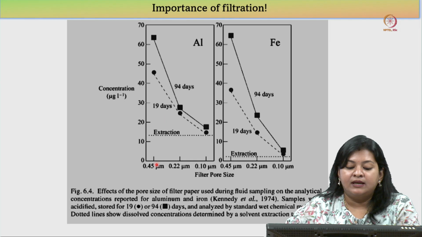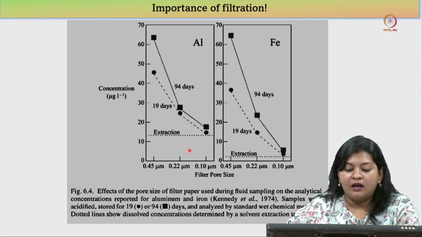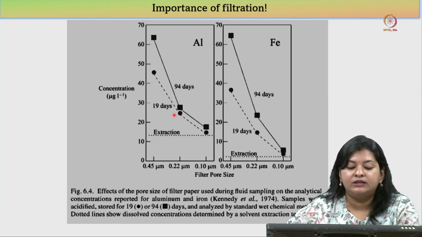We find that the water filtered using 0.45 micrometer showed around 45 microgram per liter of aluminum. The one filtered using 0.22 micrometer had a concentration of around 23 or 24 microgram per liter.